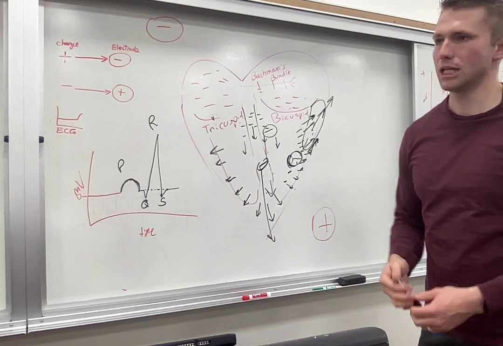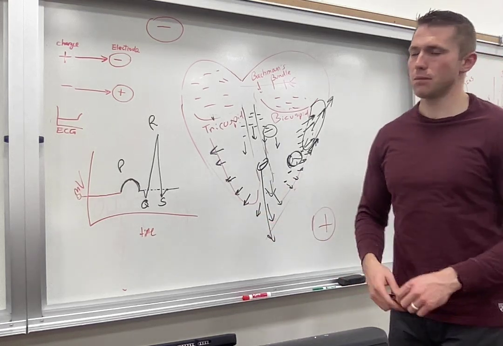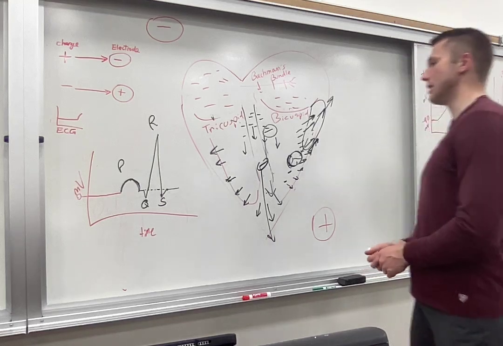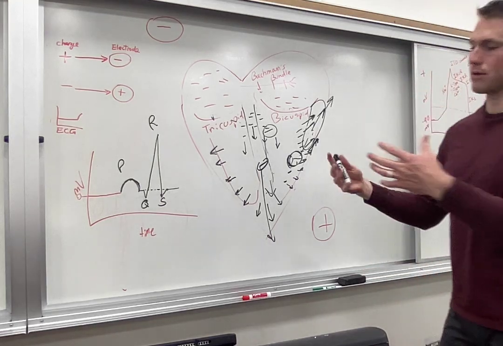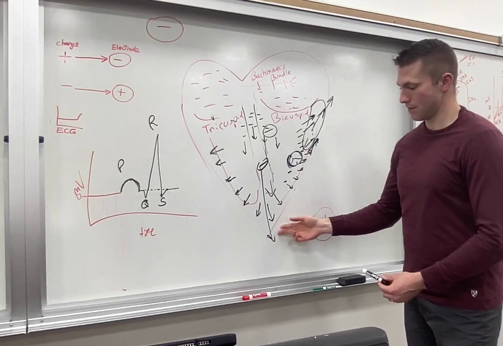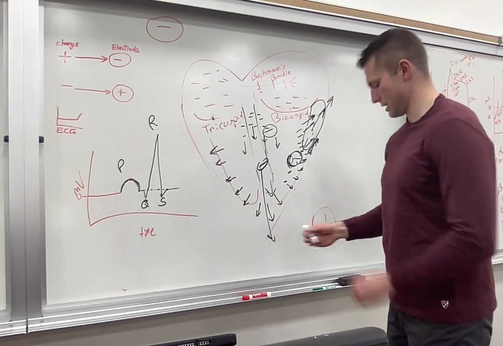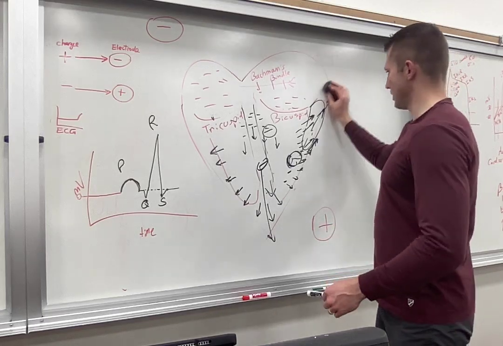But eventually, potassium overcomes and everybody becomes more negative on the inside. So the positivity goes to the outside. And so what do we get? And that comes from down here. We get, actually let me do this.